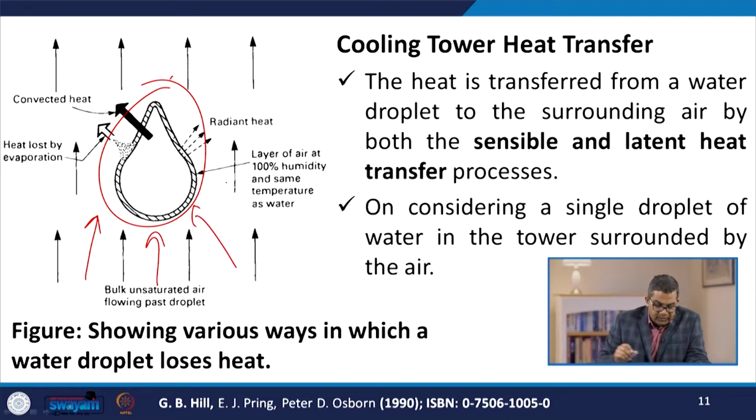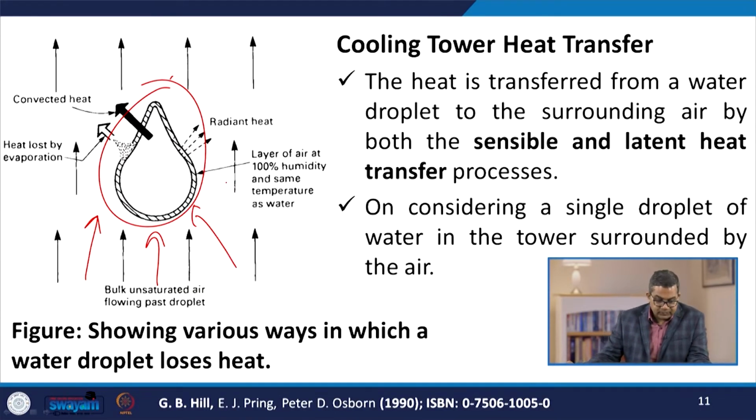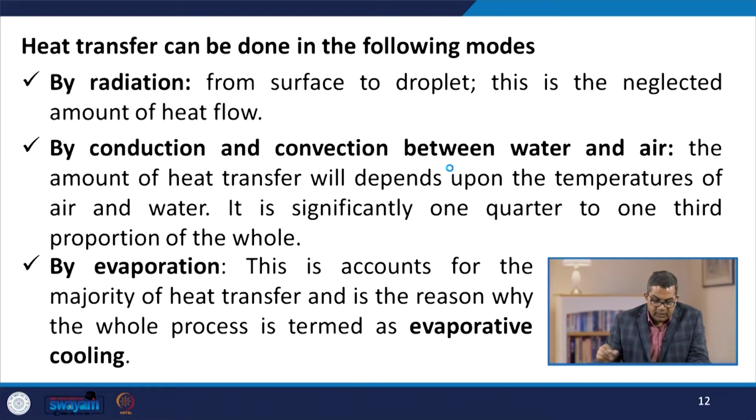You see that here we are supplying some unsaturated air. Now, here you see that the heat is lost by evaporation, and this convected heat is transferred to the surface, and then there is the radiant heat.